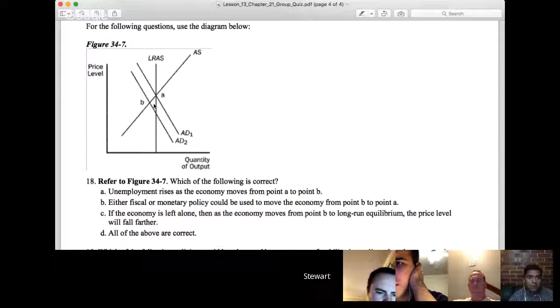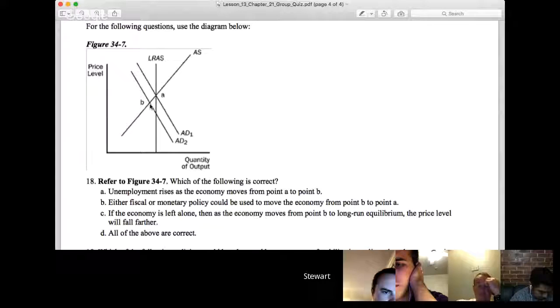And when output lessens, people are going to get laid off because companies aren't putting out as much anymore. So if you have anything that's going to be lowered from your long run, then you're going to have unemployment. Because your demand goes down, which means suppliers aren't going to make as much money, which means that people are going to get unemployed because they can't afford to keep them.